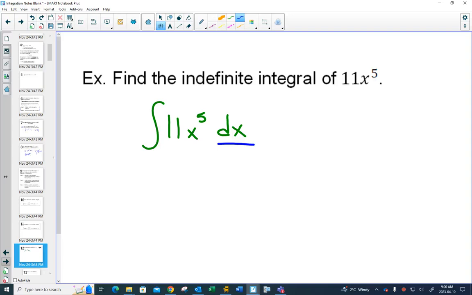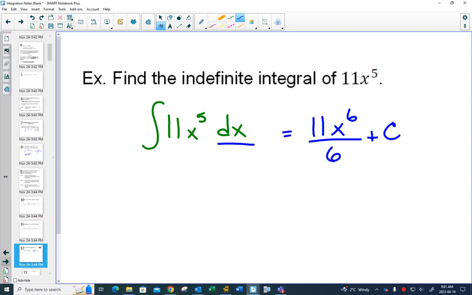It's the x. So what we would get here is we would add 1 to our exponent and divide by our exponent. And this is where it's really nice, because that 11/6 isn't a nice number in front, right?